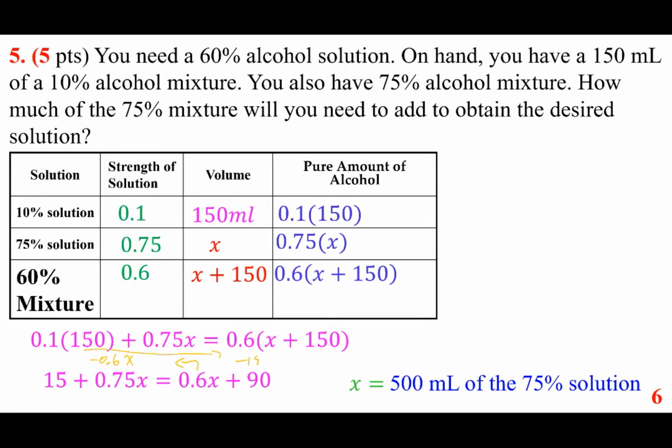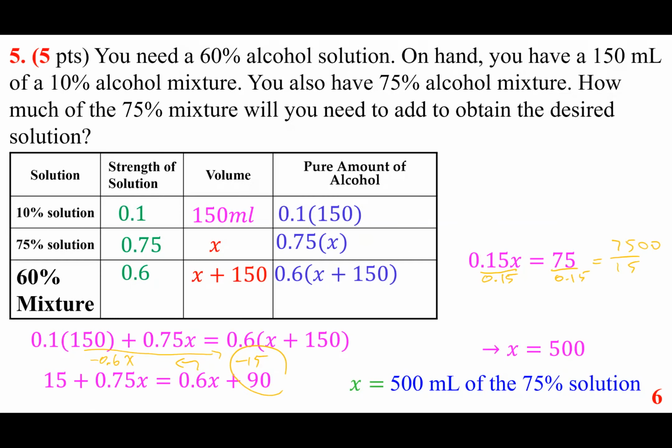We are going to subtract 15 here, and therefore we get 0.15x equals 75. You can remove the decimals, and you get 500. x is 500.